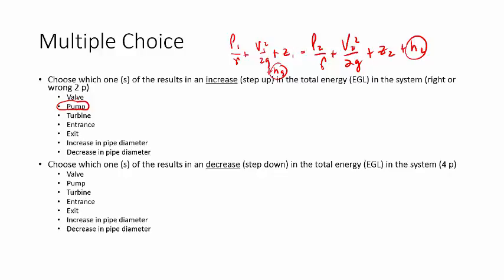So in terms of total energy, a decrease in pipe diameter will do that. Now whenever we look at what would decrease the total energy, we have valves, we can have a turbine, we can have an entrance, an exit, and then if we increase the pipe diameter, then you get a decrease in total energy.